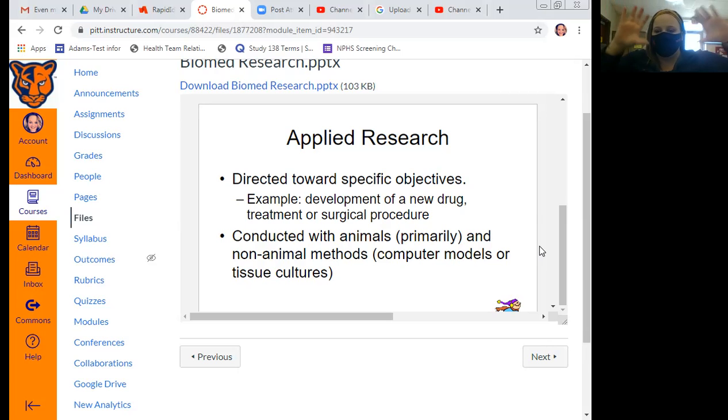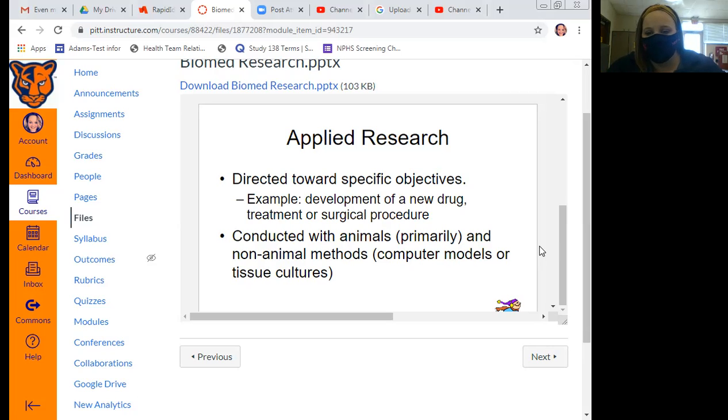Once we get to applied research, we're moving more towards that bullseye center of our project or research. We primarily conduct applied research on animals and with non-animal methods, such as using computers, doing tissue cultures, and things like that. That's going to come full circle when we continue to move on. So don't focus too much on that because I'm going to make it make sense for you here shortly.